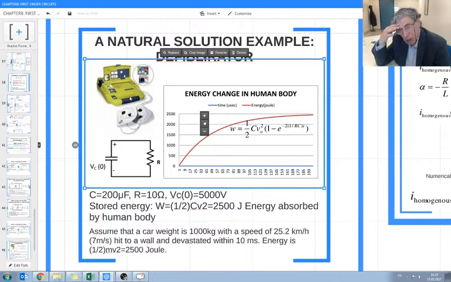So you might say that if it is just a transfer of energy from a source to the human body, why don't we directly apply this voltage source to the human body and say somebody holds it for 200 microseconds. This is something that cannot be done.